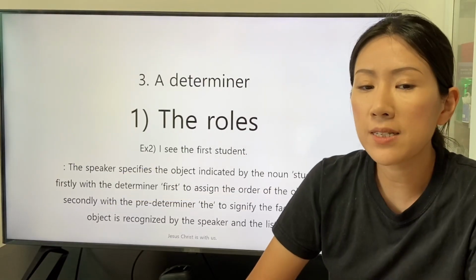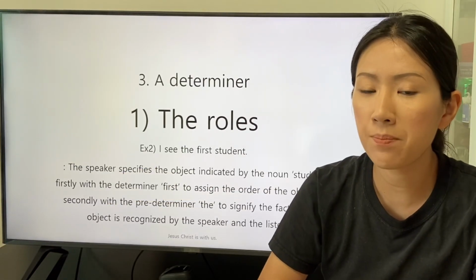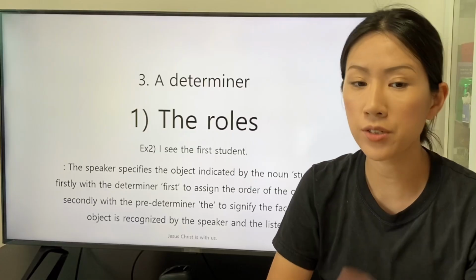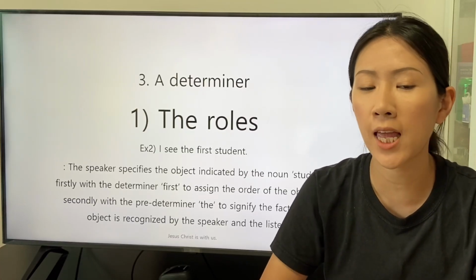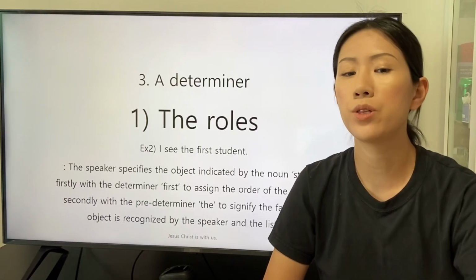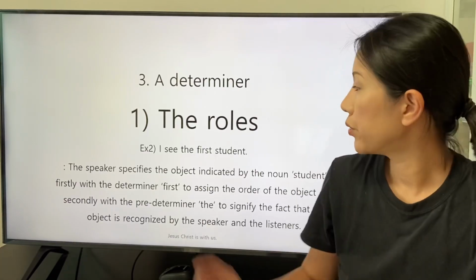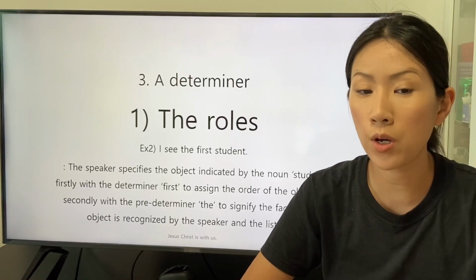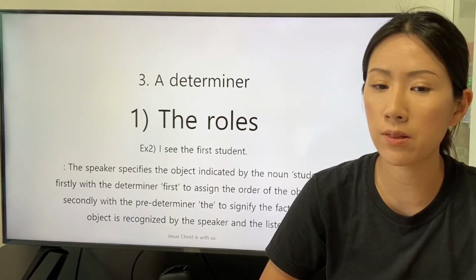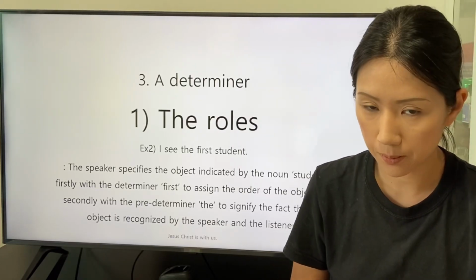The speaker specifies the object indicated by the noun student, firstly with the determiner first to assign the order of the object, and secondly with the predeterminer the to signify the fact that the object is recognized by the speaker and the listeners.